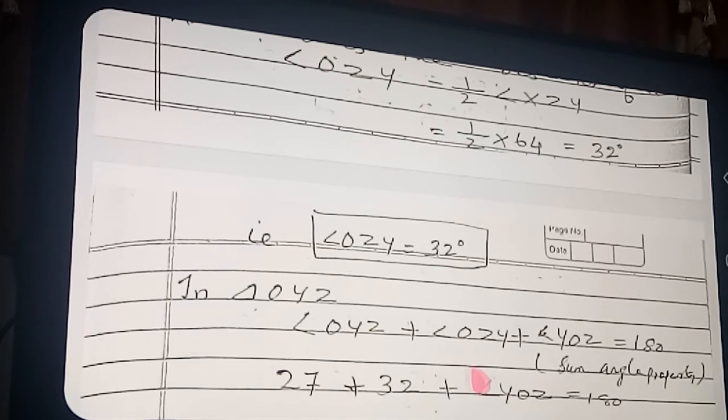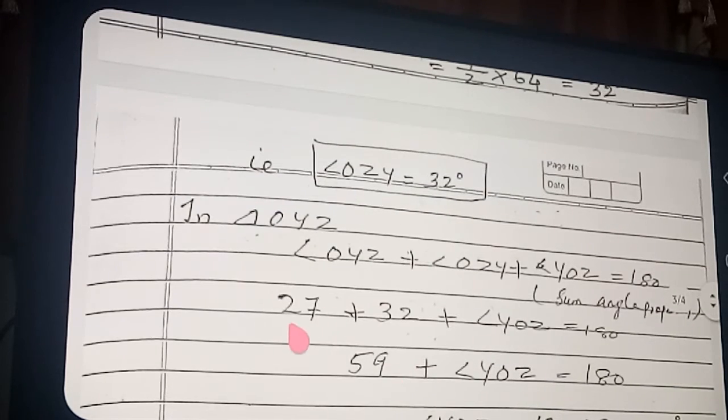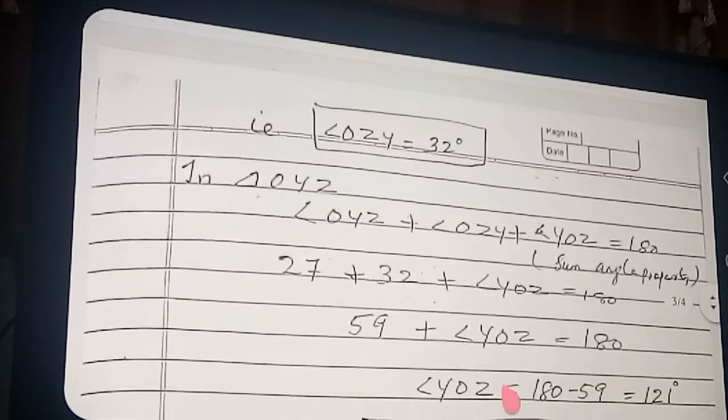Clear? Now see, what is 27 plus 32? 59. 59 plus angle YOZ is equal to 180 degrees. Clear now? Very simple, just like a puzzle you can solve it. You yourself take interest in this type of sums.